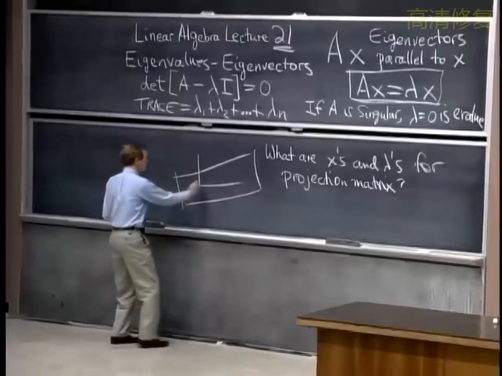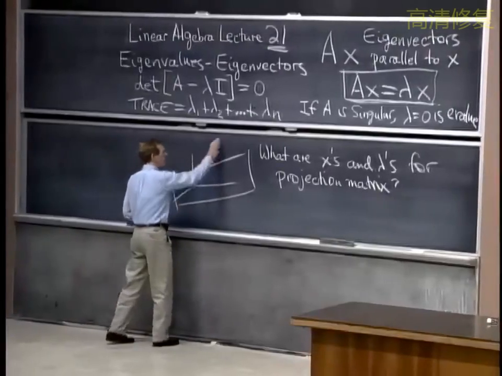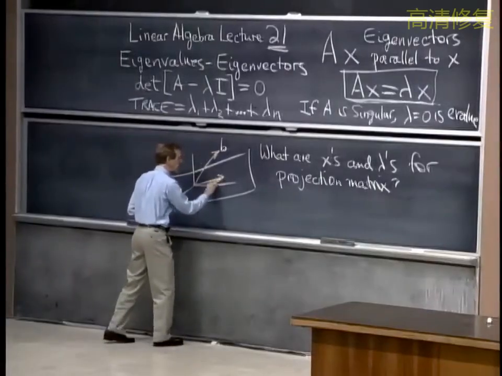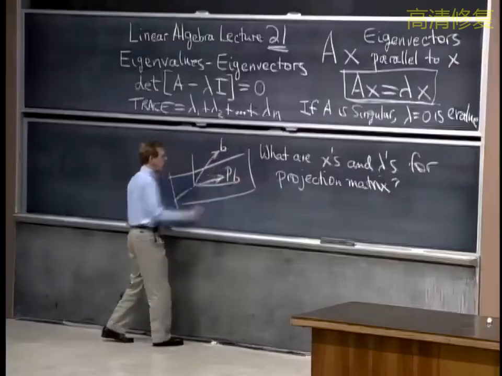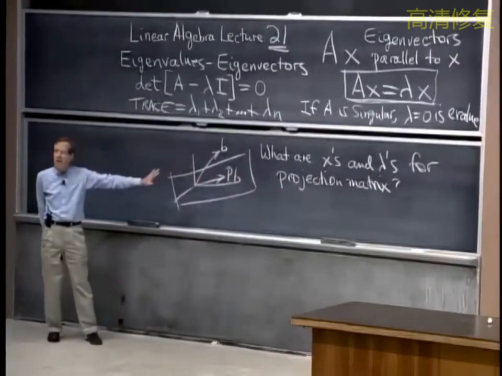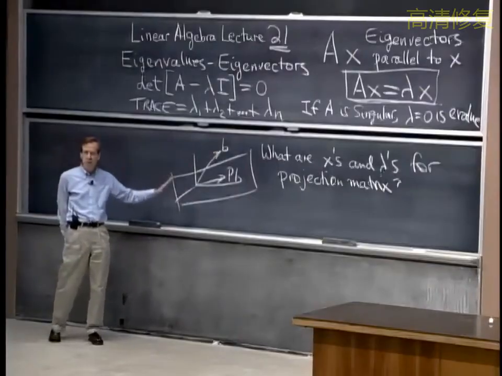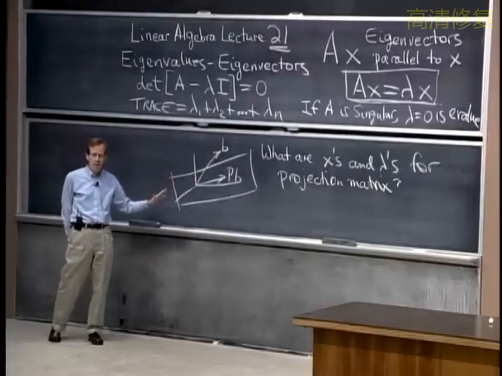We know that if we take a vector b, what this matrix does is it projects it down to Pb. So is b an eigenvector in that picture? Is that vector b an eigenvector?